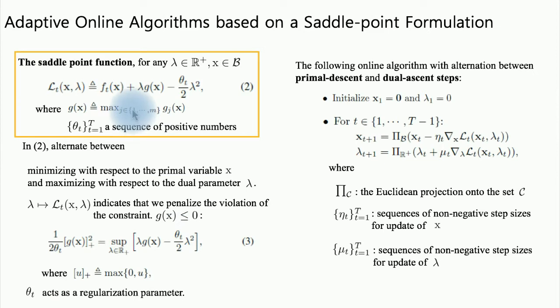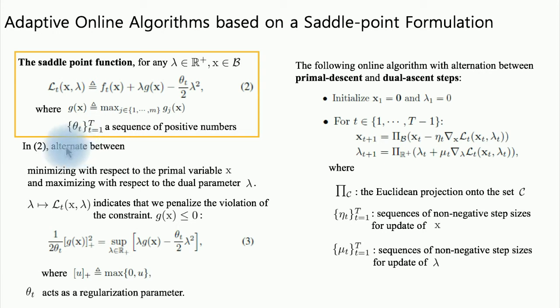Following previous work, we consider a saddle point formulation of the optimization problem. The function is defined by the loss function ft(x) and the maximum value of the jth constraint gj(x) with a sequence of positive numbers theta t, which aggregates the m constraints into a single function.